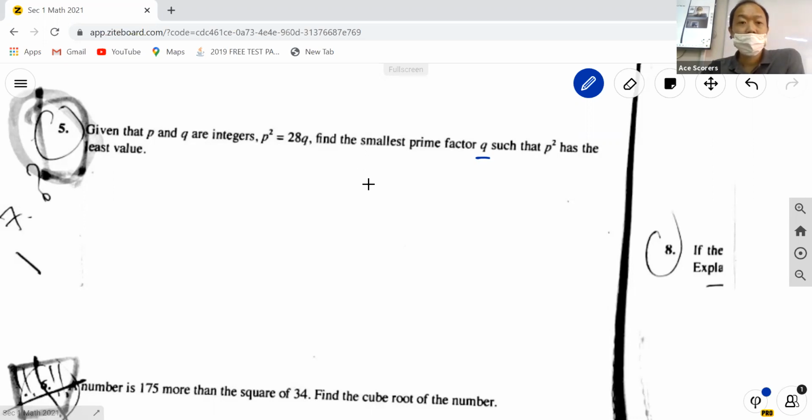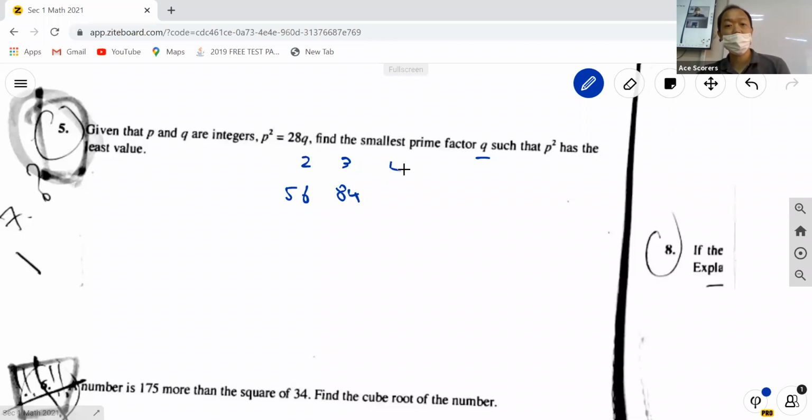So you can do guess and check. If Q equals 2, this becomes 56, but that is not a perfect square. How about 3? What's 28 times 3? It's 84. 84 also cannot be P squared.